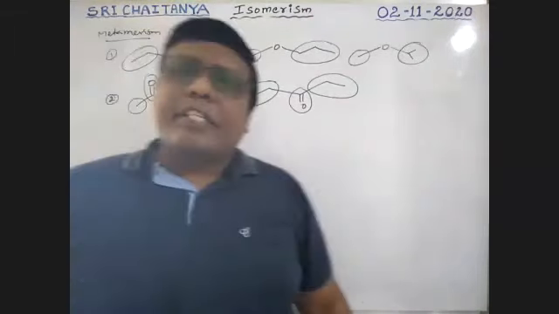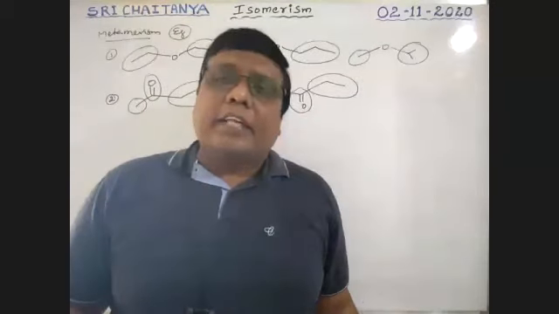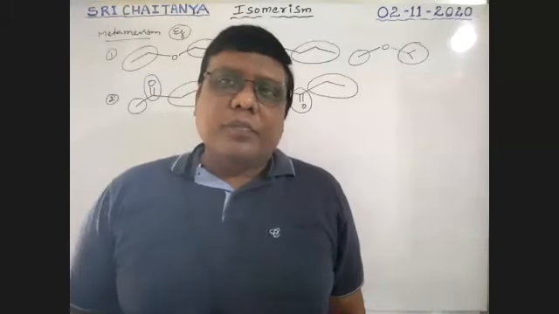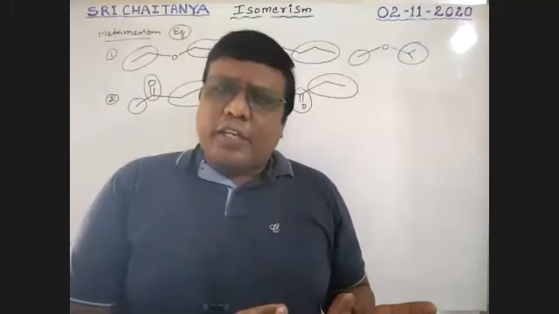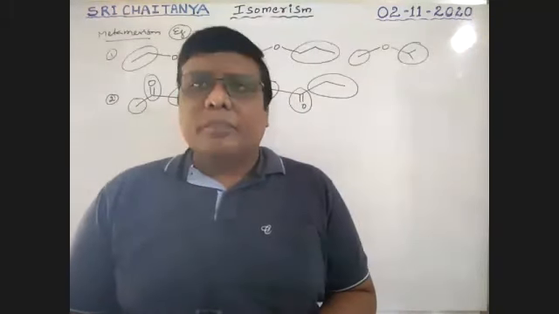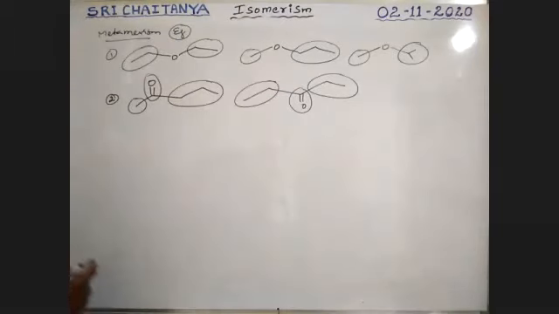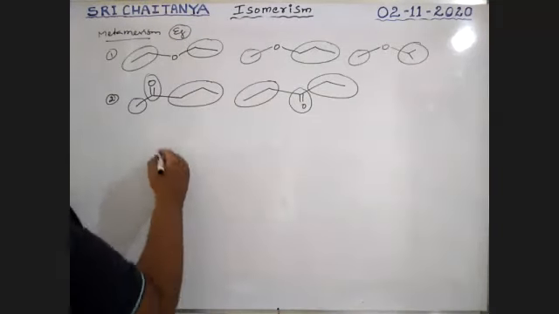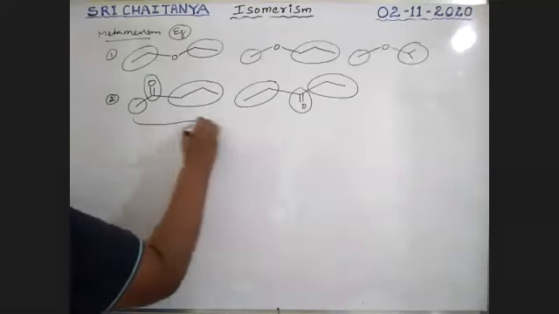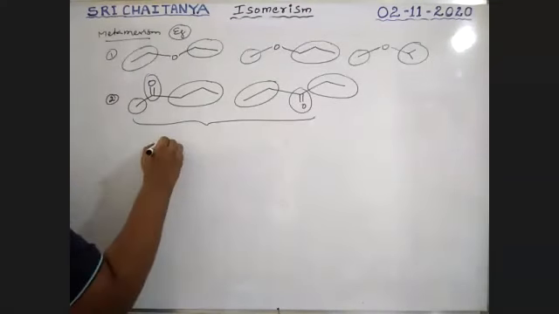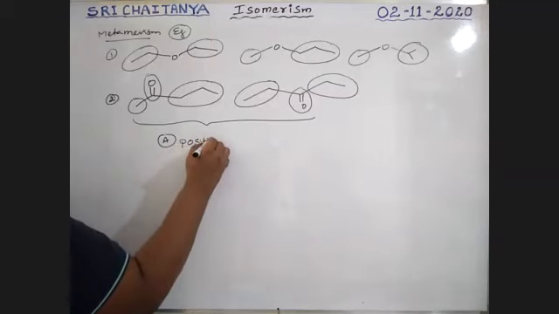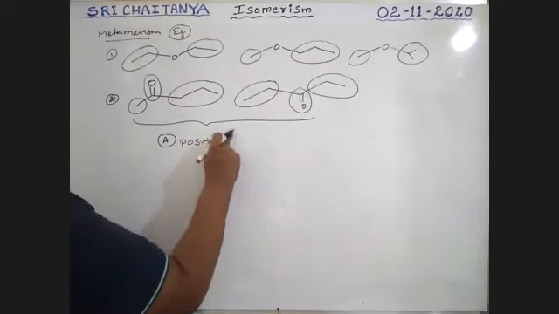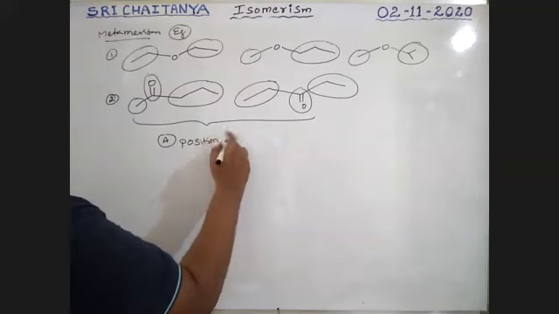The same example we already explained at the time of position isomerism also. Sir, for this example in particular, is it position isomerism or metamerism? Tell me, sir. See here. A: these two also exhibit position isomerism, position isomers.